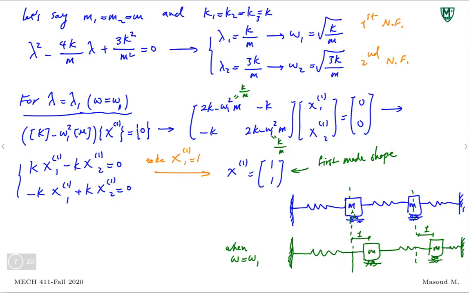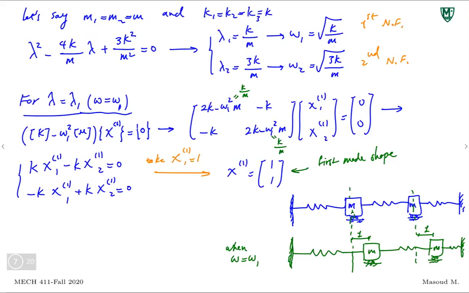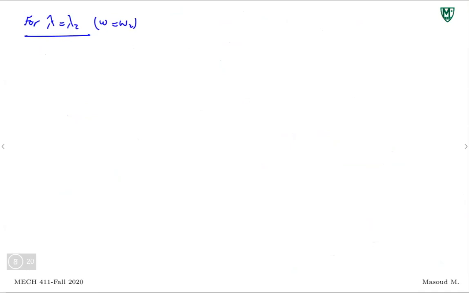Let's take a look at the second mode. For lambda equal to lambda 2, meaning that omega is omega 2, if I do the math or calculation, you will get 2k minus omega 2 squared m, minus k, minus k, 2k minus omega 2 squared m.